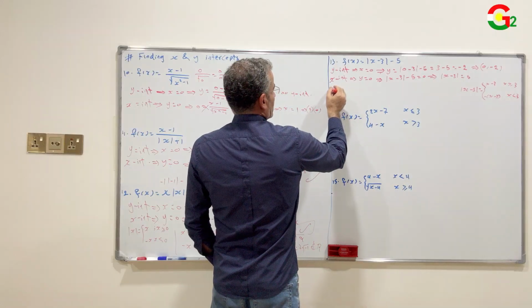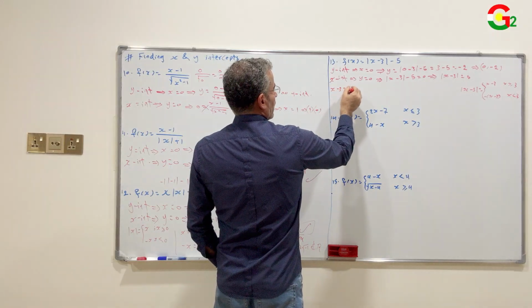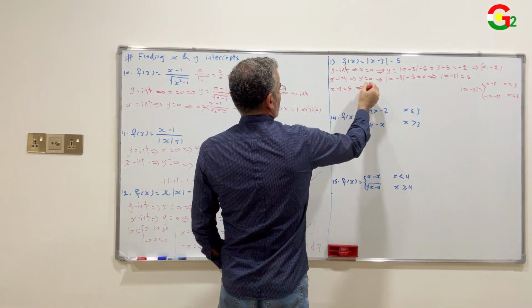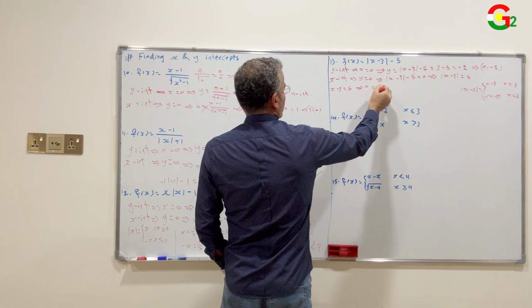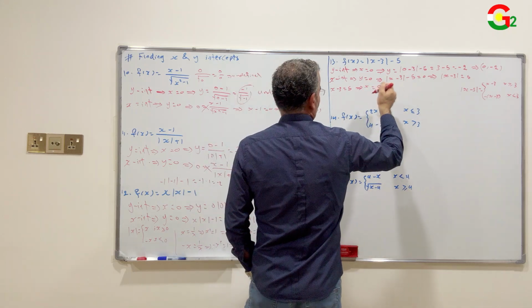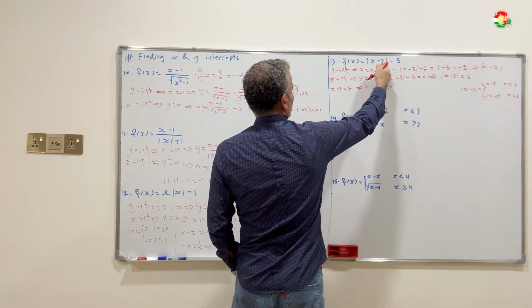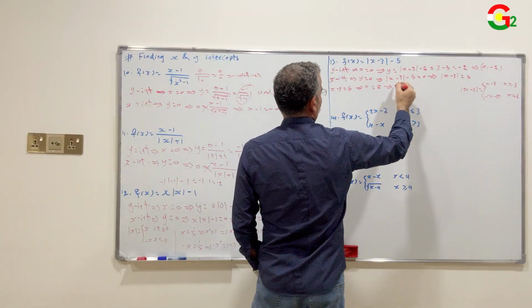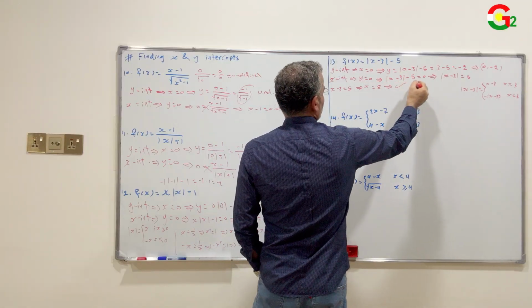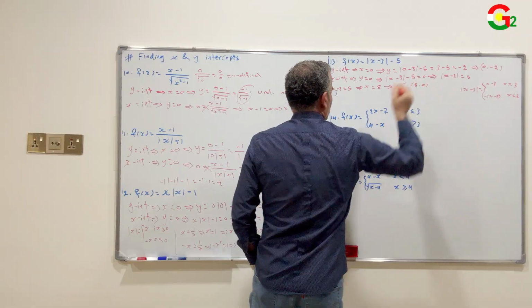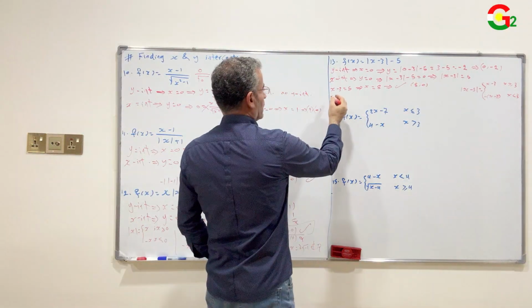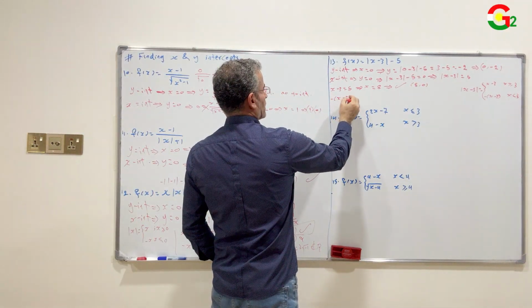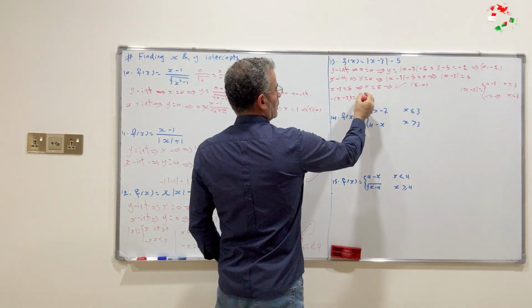For the first case, x minus 3 equals 5, then x equals 8. Let us check this point. 8 minus 3 is 5, absolute value 5, 5 minus 5 is 0. It is an x-intercept. For the other case, negative (x minus 3) equals 5.